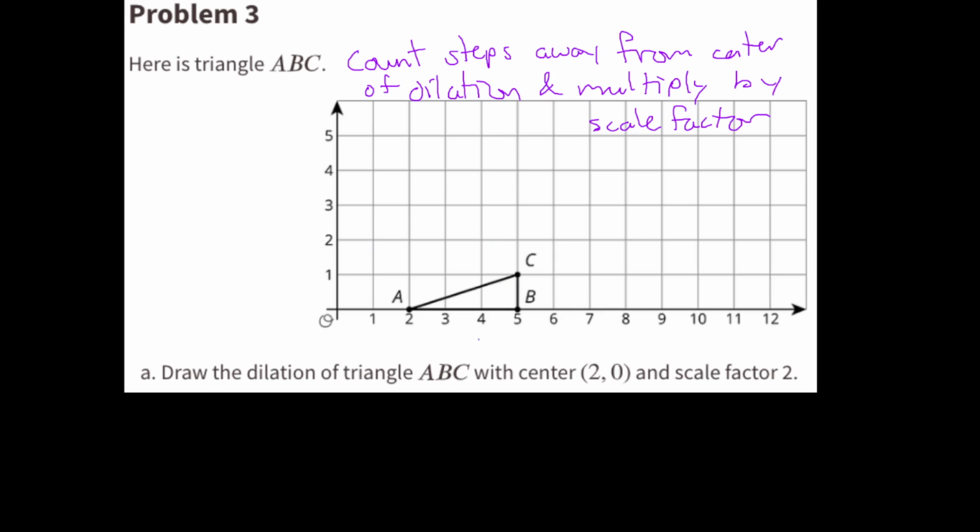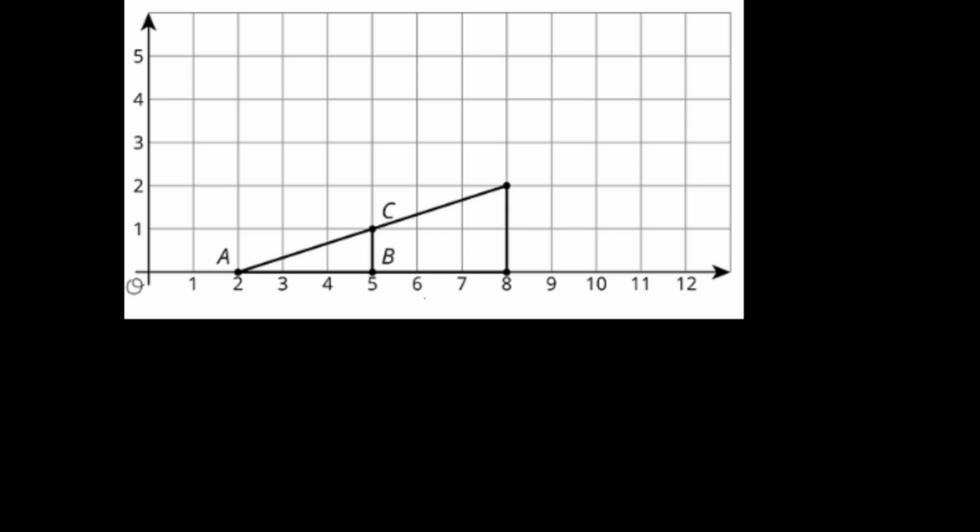So for example, if my center of dilation is 2, 0, that's going to be on this point here. If I'm looking at my length from 2 to 5, that's going to be 3. So that means I have to make it twice that length. So if I look at my next picture, this is going to be my new triangle. Let me do it in purple.